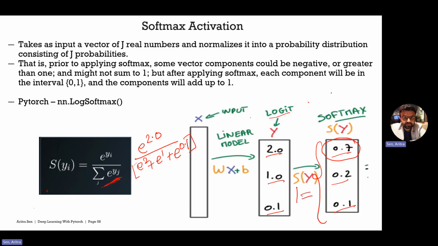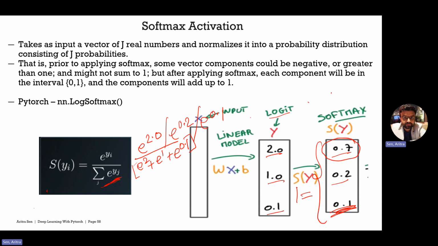Similarly, for the next value it will be e to the power 1, and for this one, which is 0.1, it will be e to the power 0.1. In each of these cases, we are dividing the value by the sum of the exponential terms, just normalizing the value so that the output distribution sums to 1, right?